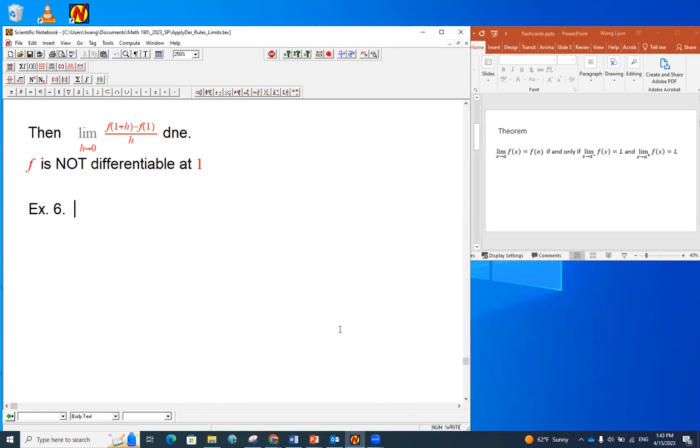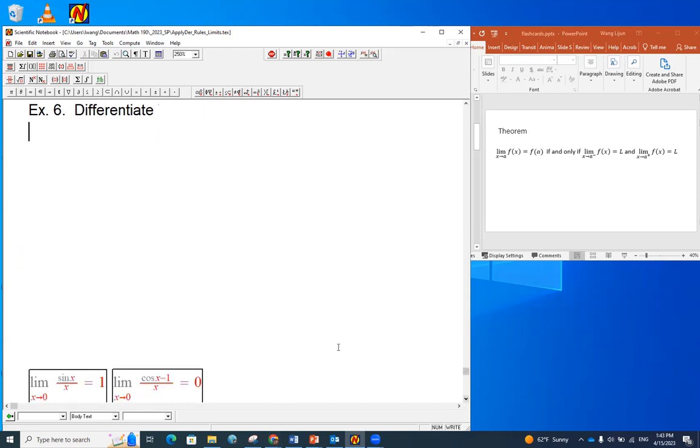This time is differentiate. One of the examples I can use is f of x equals e to the power x times cosine x.